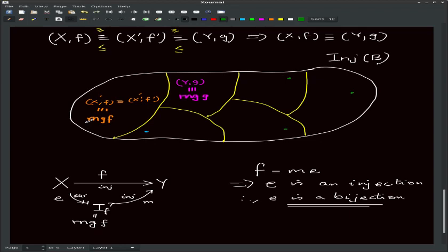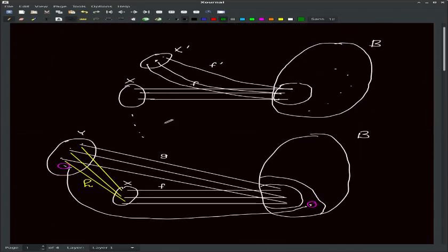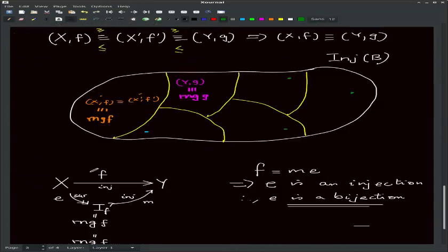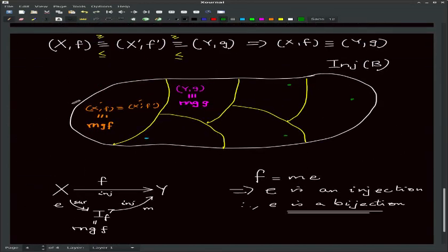As far as our counting principles go, any representative over here in this equivalence class, Xf, has the same number of elements as this particular subset. Same over here, Yg has the same number of elements as the range of g, and so on. So the number of elements kind of a thing.